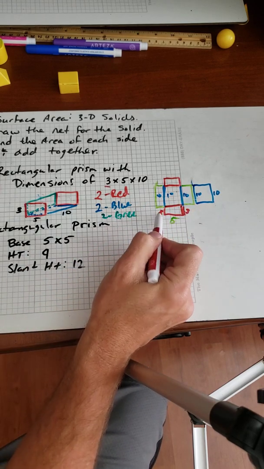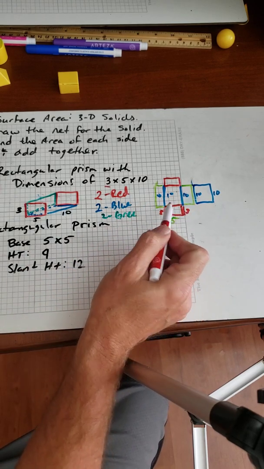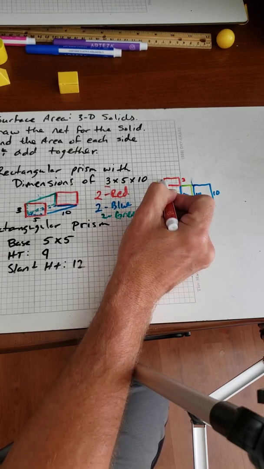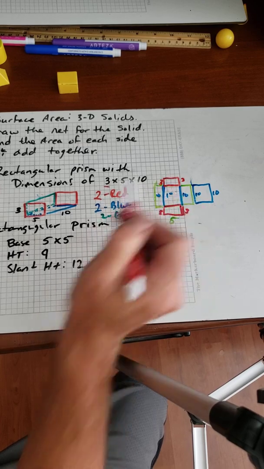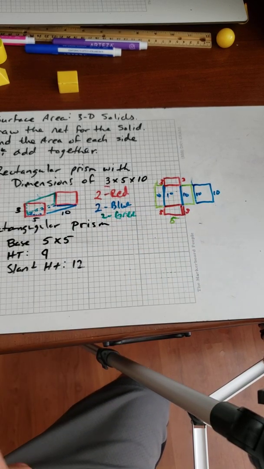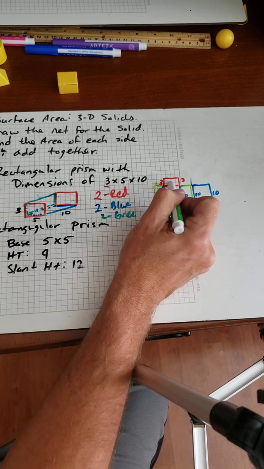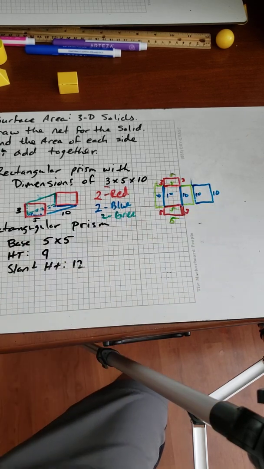Right? Because that side's 3, that side's 3. And since these are the same shapes, then this is 3 and this is 3. All right? So then I have this is 5, so that must be 5 right there. Okay, those are all 5.